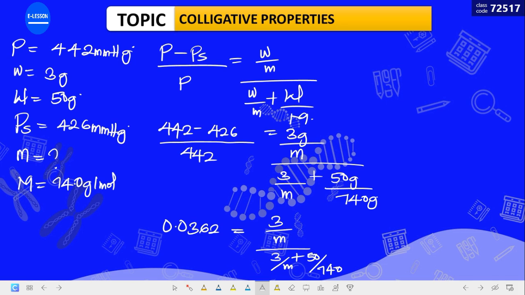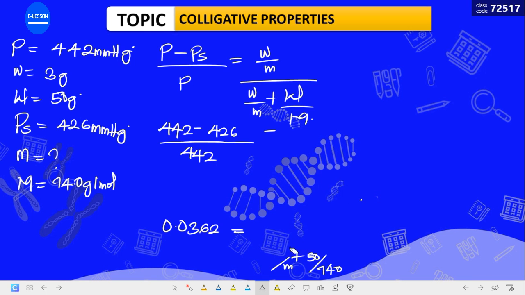What do you think we can do? For this case, from the textbook, to get an idea of what we are actually looking for, let's assume that the ether concentration is very dilute, because 3 gram is very small compared to 50 gram. Are you getting it now?